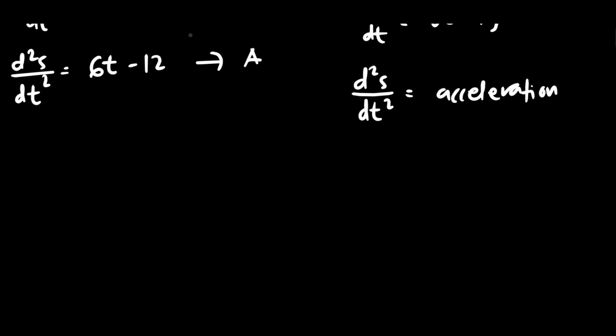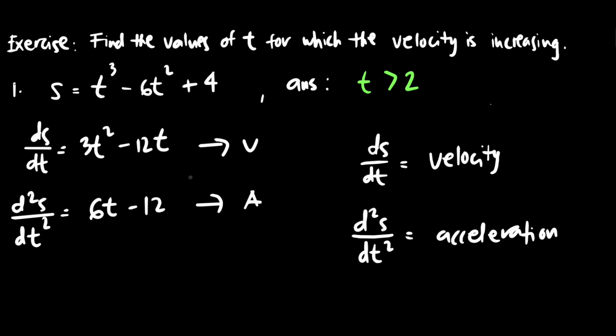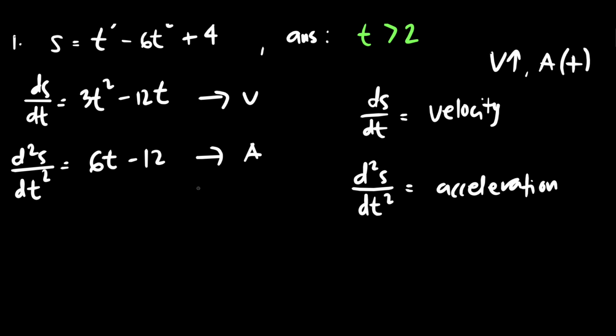After finding this, velocity is increasing means the acceleration is positive. So we try to equate the acceleration to 0. Why do we equate the acceleration to 0?